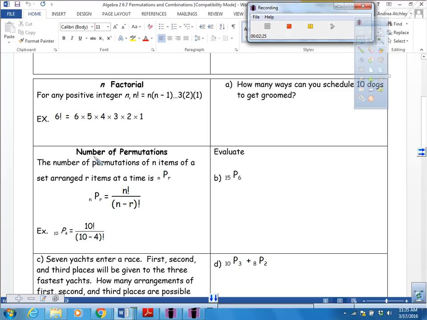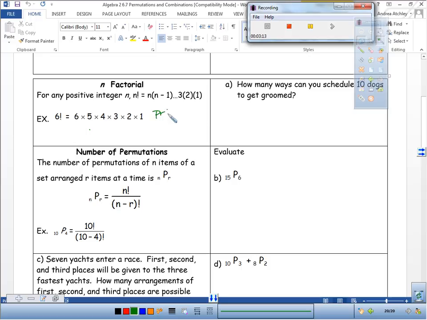You have this button on your calculator. Find the button that says probability, PRB. Some of you have this button or this button. Find one of those.